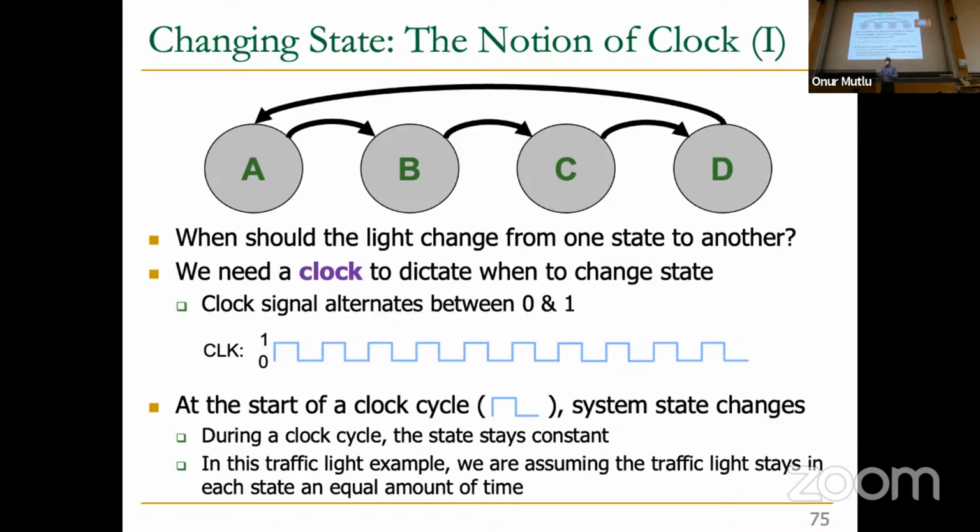If you build a processor, you have one state, and during that state, you're operating with the values of that state, and there's some combinational logic that evaluates. For example, you're doing some addition, and it needs time to finish. And that time is dictated by the clock cycle. Meaning, you need to set your clock cycle long enough so that that combinational logic can finish its operation so that you can move to the next state.